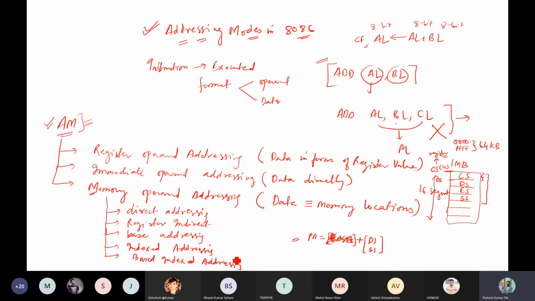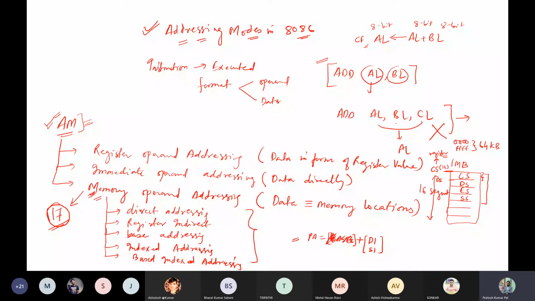Based on these methods by which we can access the memory, we define different types of addressing modes. By combining these, we can have a total of 17 methods through which we can access memory, but we will see only the simple types of memory access to find the basic addressing modes.